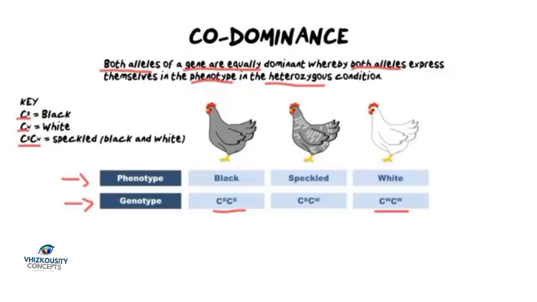If we have a C with a capital B and a C with a capital W, we end up with a chicken that is black with white spots. It could also be a white chicken with black spots. So it's important to know that because codominant genes are equal, it means that neither of the colors are going to dominate each other, and so they share equal space in the phenotype.